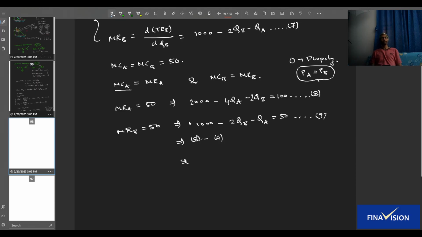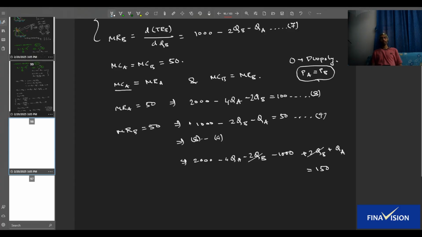So this becomes 2000 minus 4QA minus 2QB minus 1000 plus 2QB plus QA is equal to 150. So 2QB and 2QB cancel out.